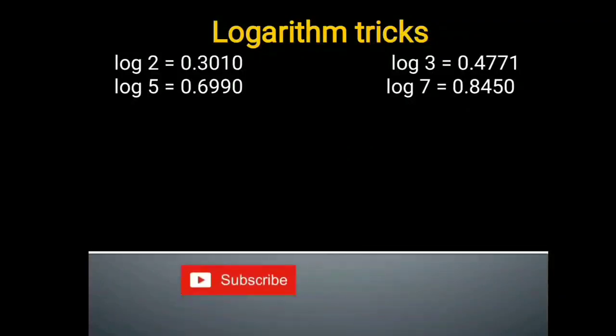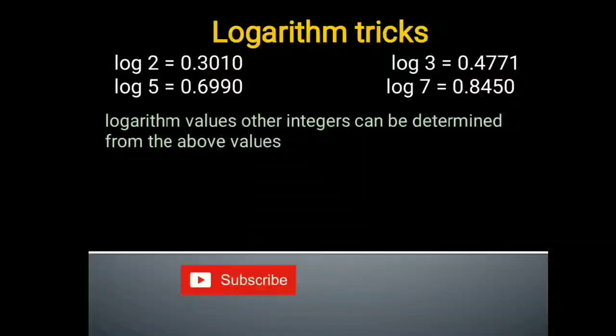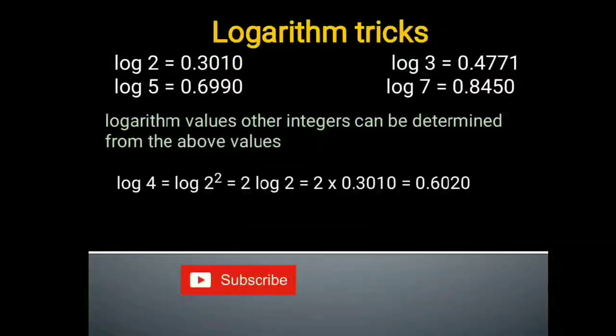And now we will see how to get log values of other integers. We know log 2, 3, 5 and 7 values. Then let us see how to get log 4 value. Log 4 can be written as log 2 square.